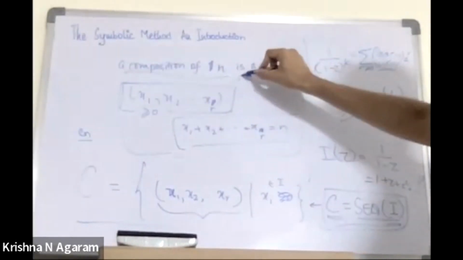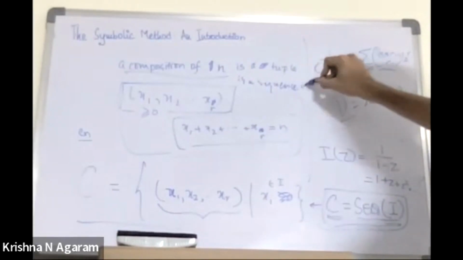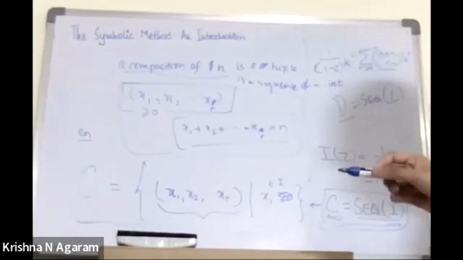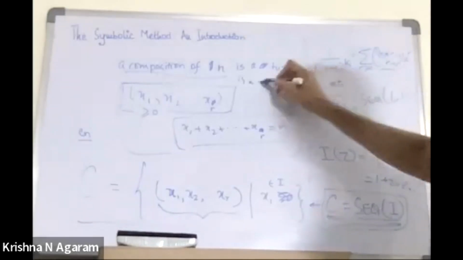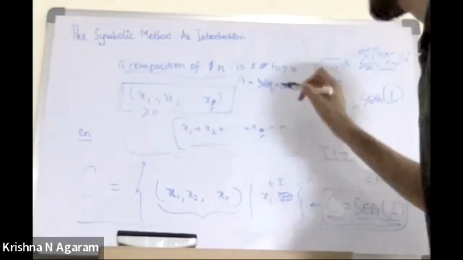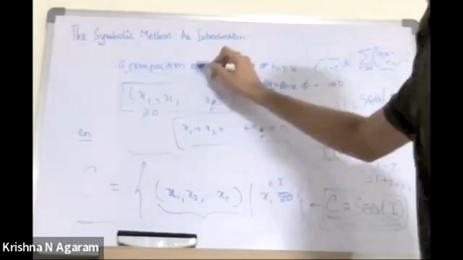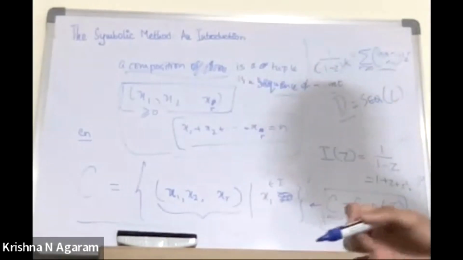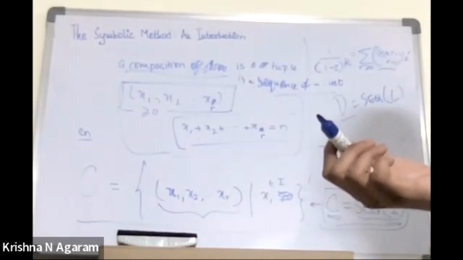You could just say a composition is a sequence of non-negative integers. That's all it is, right?